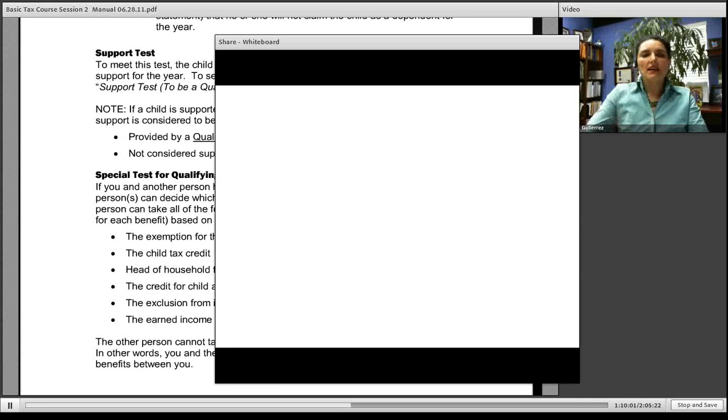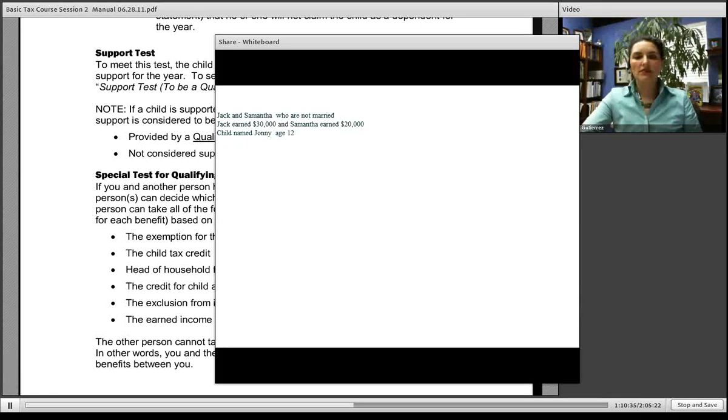Jack earned $30,000 for the year, and Samantha earned $20,000 for the year. They essentially live together in the same house, and they have a child named Johnny, age 12. So we have Jack and Samantha who are not married.